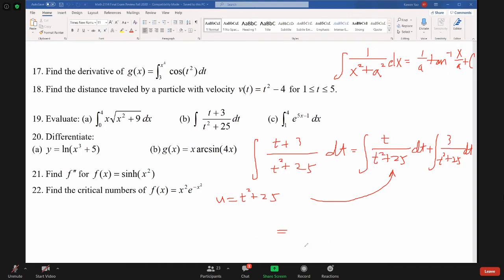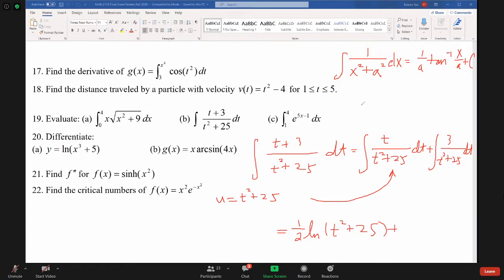This is 1/2, so this should be 1/2 ln of t squared plus 25. You can verify this is the right answer. And here, a is 5, right?